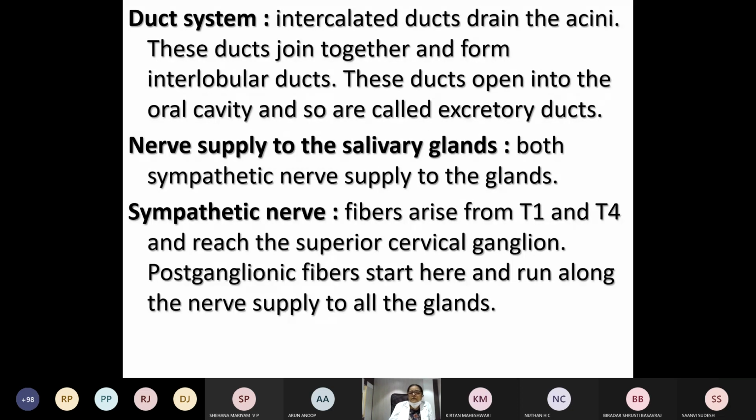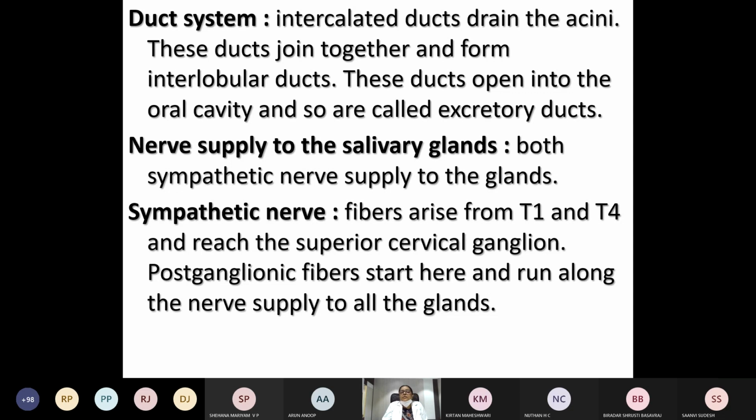So we'll see about the duct system. Intercalated ducts drain the acini. These ducts join together and form interlobular ducts.